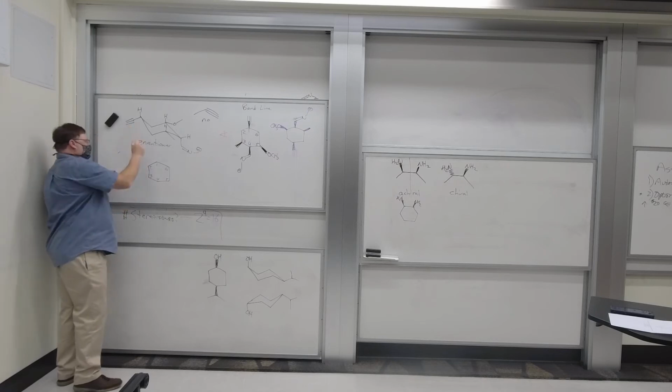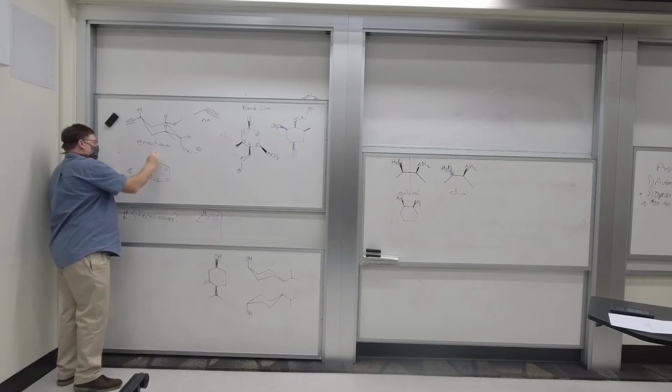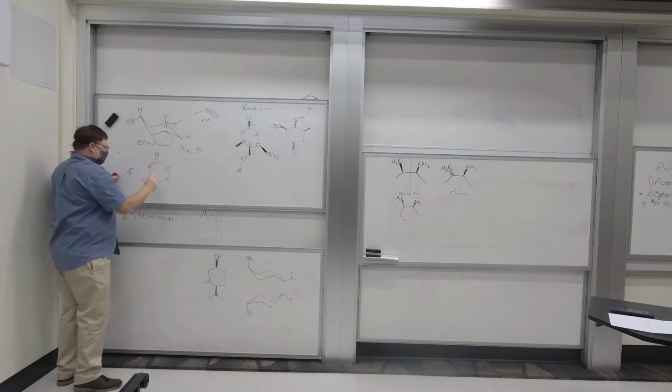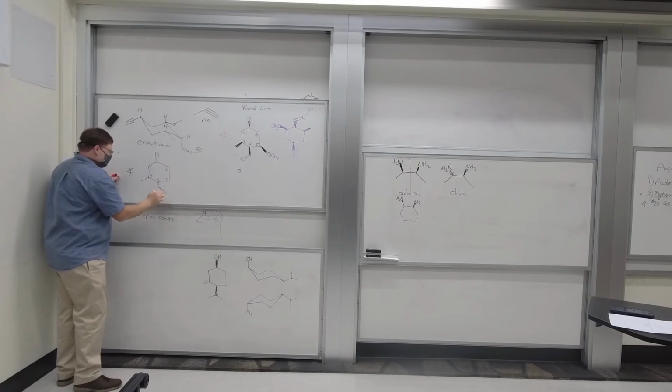So alkyne is down. Carbon 3, the methyl is down. Carbon 4, that's going to bug you. It's going to bug me. And then carbon 5.